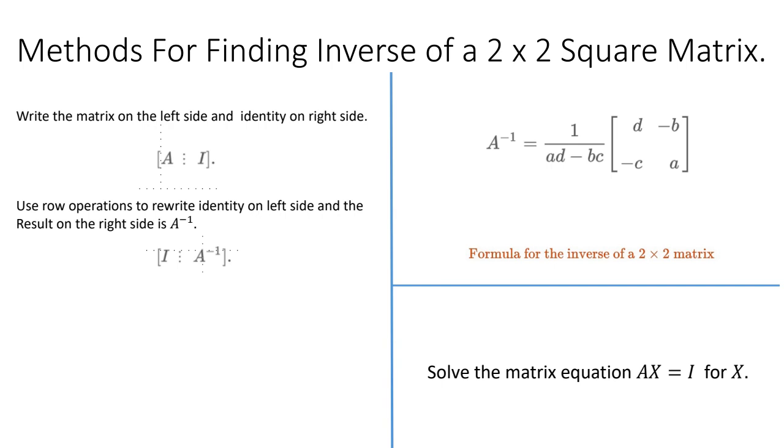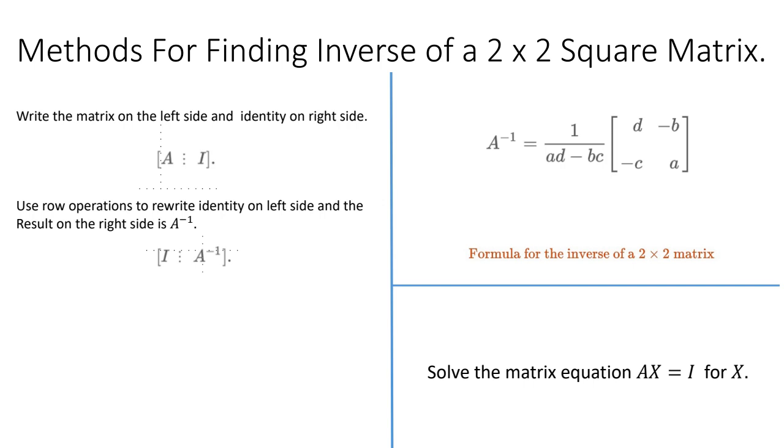If matrix A is a, b, c, d, we divide 1 by a times d minus b times c, times the matrix where we swap the a with the d, and change the sign of the b and the c, which gives us d, -b, -c, a.